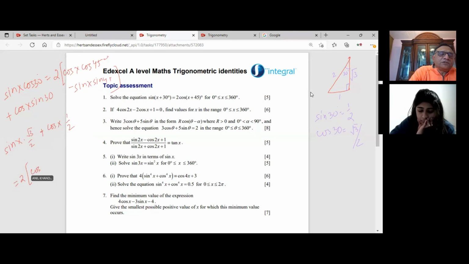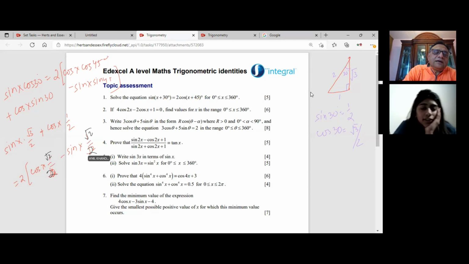Cos 45 is 1 over square root 2, and minus sine x times 1 over square root 2. You can also write that as square root 2 over 2. That is a better way of writing it, right? It's to rationalize, it becomes square root 2 over 2, because you don't want a surd at the bottom. That 2 cancels, right? That's the whole idea.